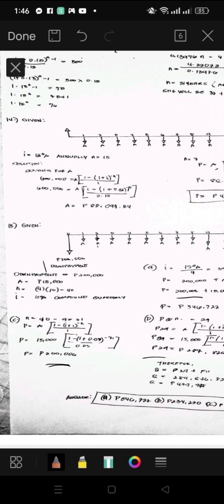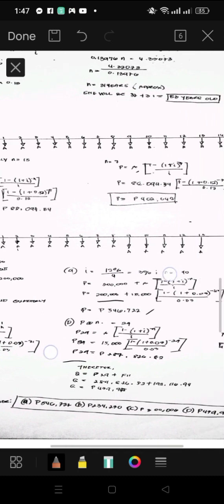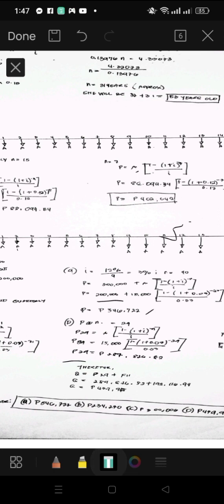So the next is D: if he missed the first 10 payments, what must he pay when the 11th payment is due? So we have P29, or P(n).